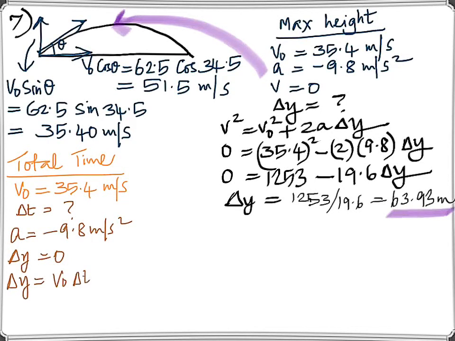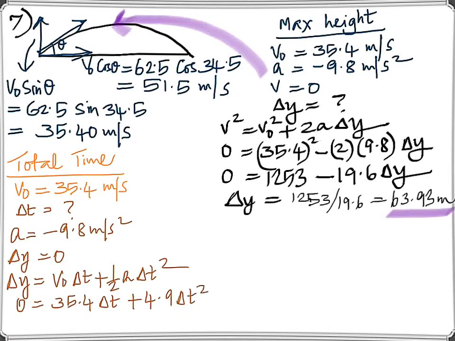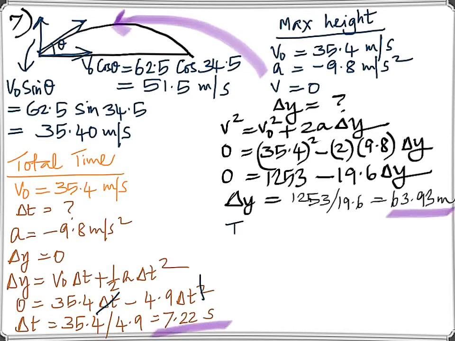So use this equation, substitute. To get delta t is 35.4 divided by 4.9, that gives 7.22 seconds.